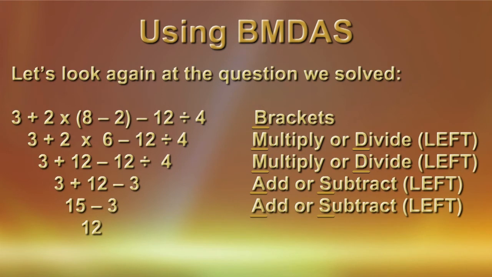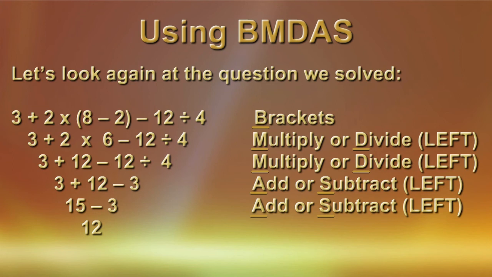So let's look again at the question we just finished using BEMDAS. So we started out 3 plus 2 times, in brackets, 8 minus 2 minus 12 divided by 4. Well, first is the brackets, the B. So you do what's in brackets first. And there are no more brackets, and so now you think of the M and the D, the multiply or divide, starting on the left.